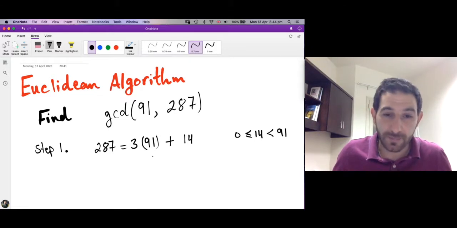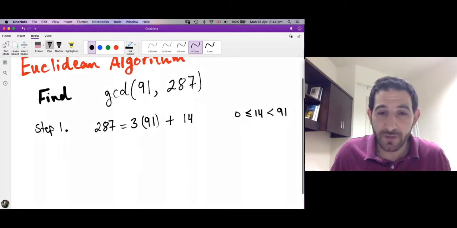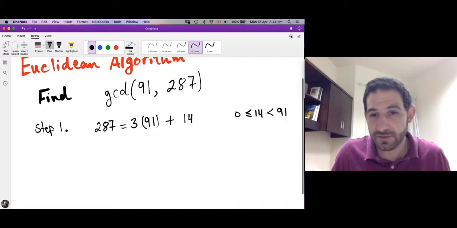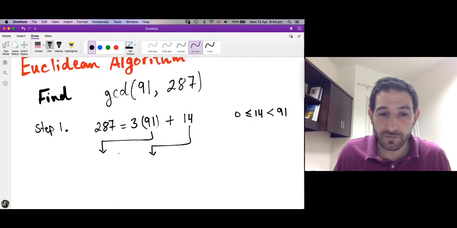Now the next step is the following. Remember, this is called the dividend, this is the quotient, this is the divisor, and this is the remainder. We will repeat the division algorithm to divide 91 by 14.